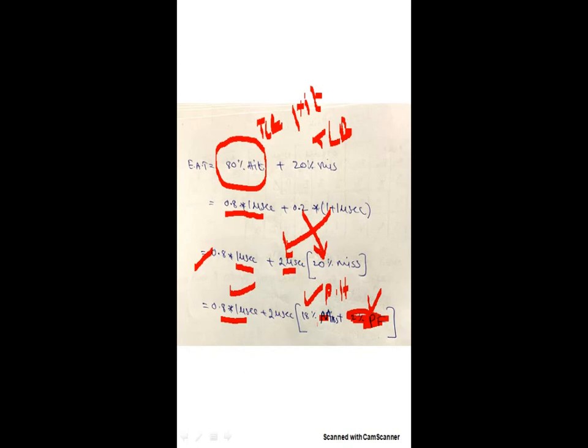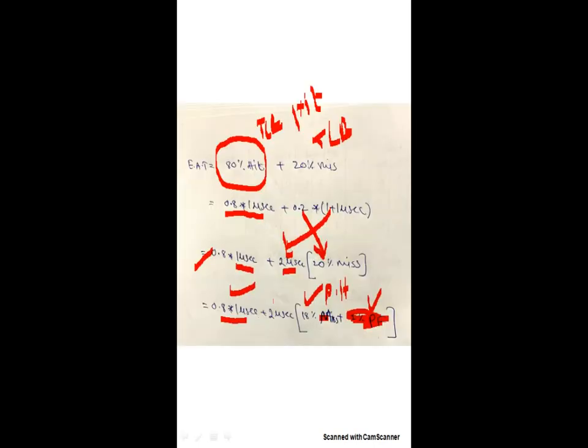Now let's move further. Look here. You have 0.8 into 1 microsecond plus 2 into 0.18 plus 2 into, okay, PF is how much? It is given as 20 milliseconds.